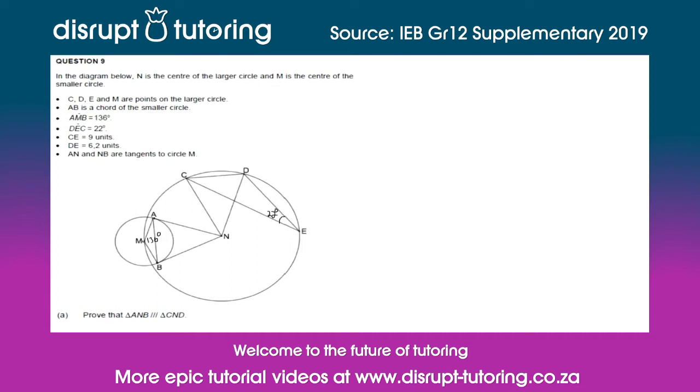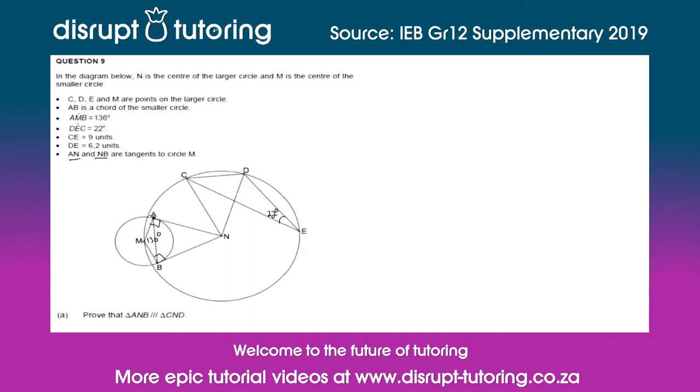That's given. And they've also told us that AN and BN are tangents to the circle. So that means that this angle A is 90 degrees and the angle B is 90 degrees because of the theorem tangents perpendicular to radius.